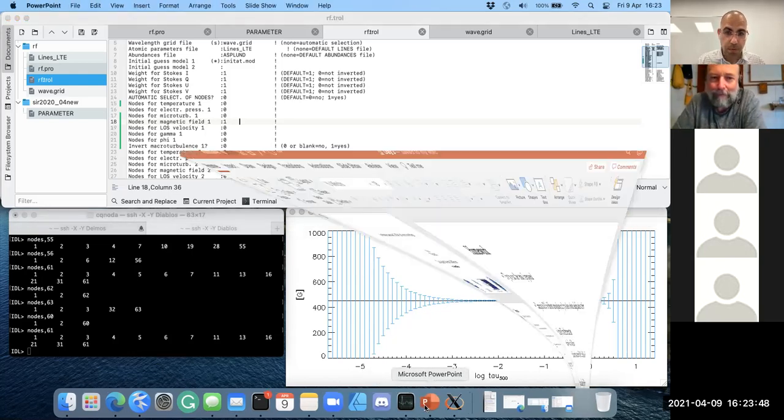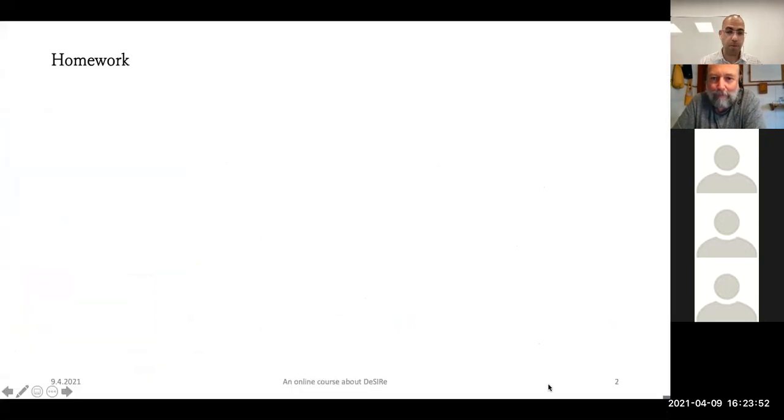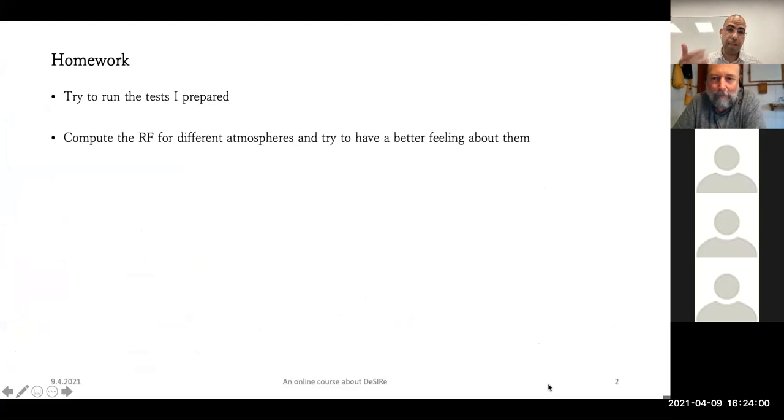Okay, so I will go back to the presentation and I set homework. Basically, like before, I recommend you to try to run all the tests I made and try to understand. I think it's good if you try to change the atmosphere, because I picked a very simple one, but you can try to add a gradient, for example, in the field strength or in velocity, that will change the symmetry between the Stokes profiles, and then you will see that the response function changes a lot.